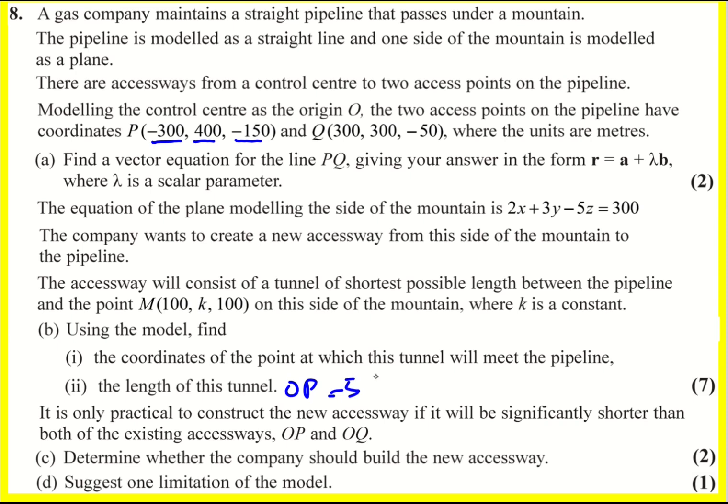That ends up being 522. So it is significantly shorter than that one. Then OQ, along similar lines, 300 squared plus 300 squared plus minus 50 all squared, square rooted, ends up being 427. So the new tunnel is much shorter.